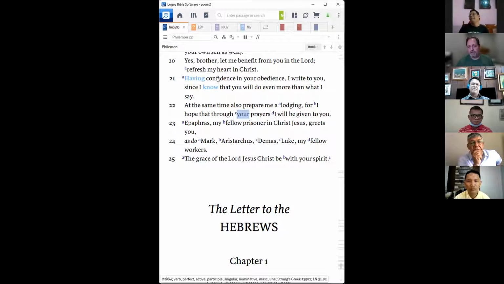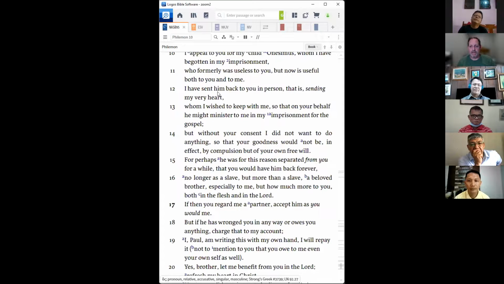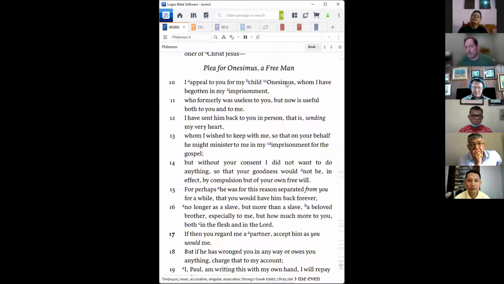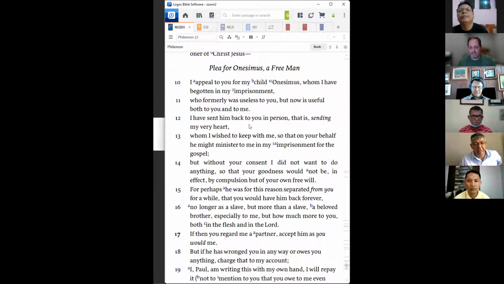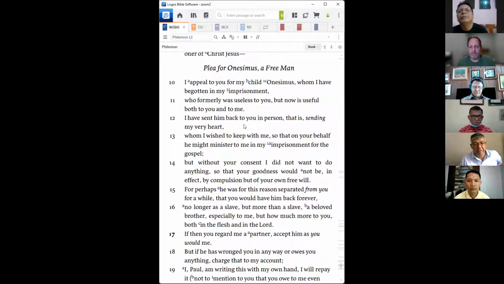The context will tell you, for example, like we looked at in our passage, I appeal to you for my child Onesimus, who, that's referring to Onesimus. I have sent him, so we can just go back. Okay, what makes sense? Well, it's got to refer to Onesimus here. He's the only one that makes sense. Okay, so the context there does tell us, identifies who the pronoun refers to. But that word you in English, sometimes there's a challenge because of the singular and plural issue.